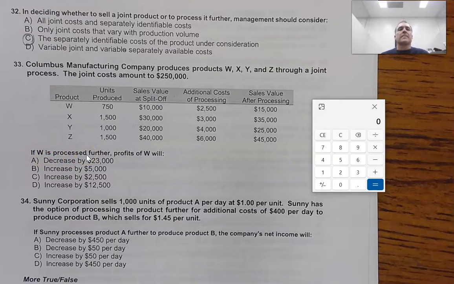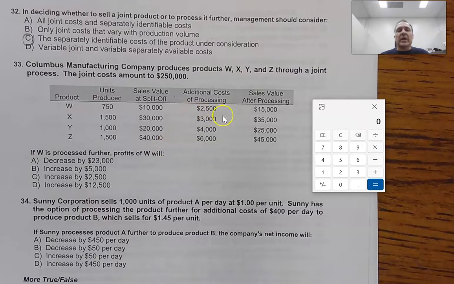So sales value at split off for product W is $10,000. Okay, that's what we can get for it at split off. If W is processed further, profits of W will. So here's what we have to do here.